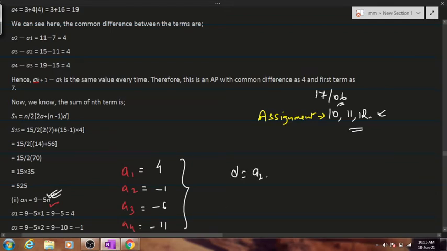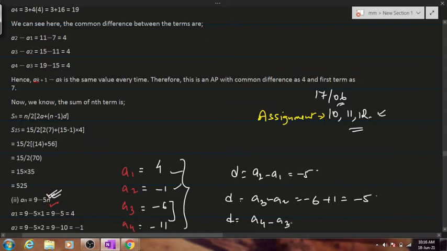d is equal to a2 minus a1 gives you how much? This minus this, minus 5. d again for the next one will become a3 minus a2, which is minus 6 minus of minus 1, will give you minus 5 again. Again d for the next two terms will become minus 11 minus of minus 6, which is plus 6 minus 5, so minus 5.